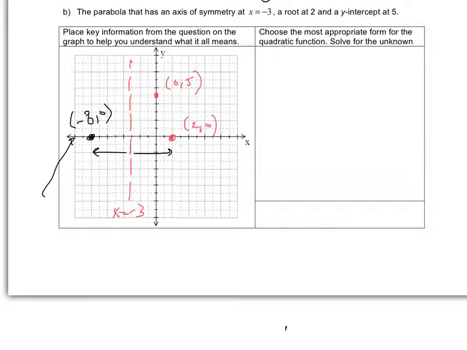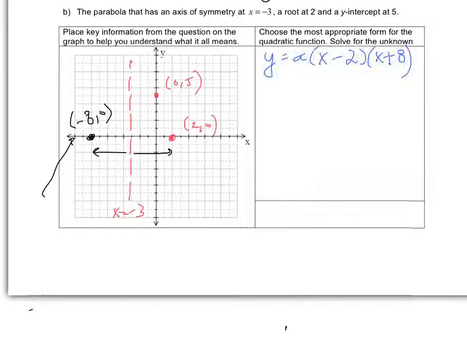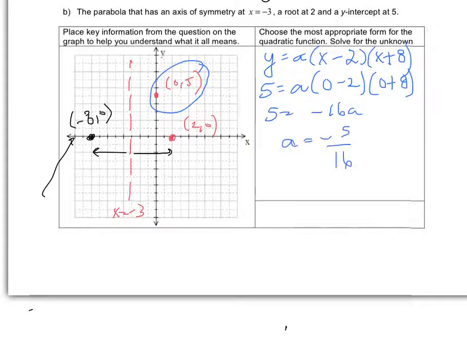Now that I have two zeros, the most appropriate form that I'm going to pick is, of course, factored form. So I again start in my general form. I'm going to use my y-intercept point as the point that I want to substitute in. So I get 5 is equal to a(0 minus 2)(0 plus 8), and I'm going to solve for a.